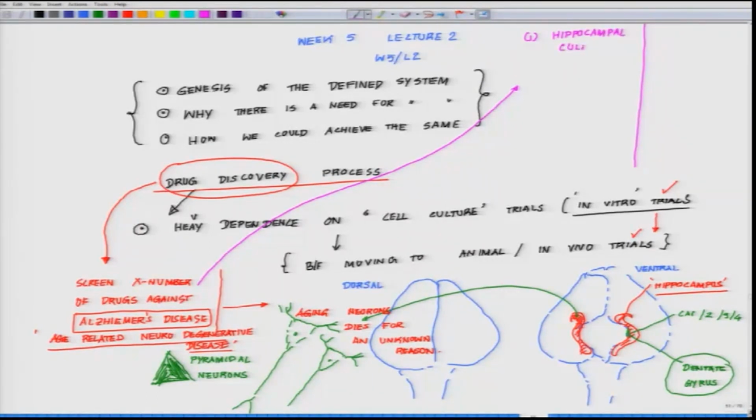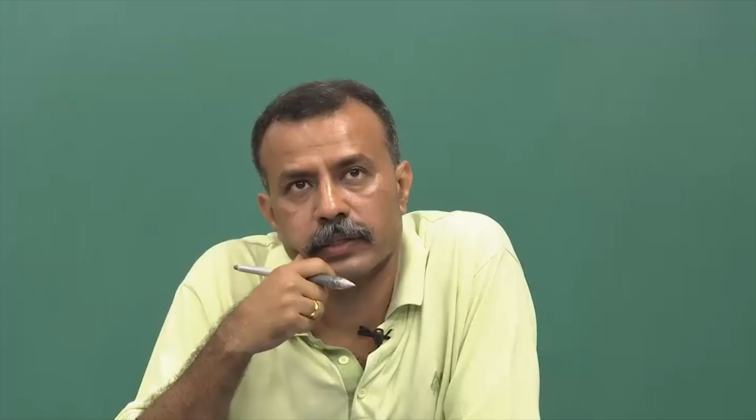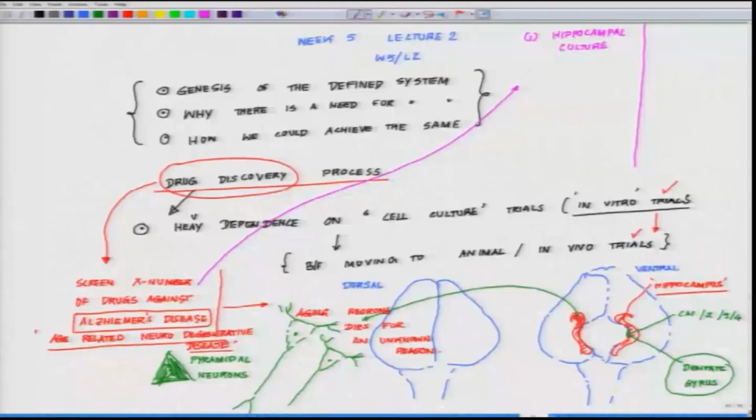So, this has to be a primary culture, because there is nothing called a hippocampal cell line, since these are completely differentiated cells. Hippocampal cultures. Then what you need is a defined medium, I will come to that why. Then you need a defined substrate.